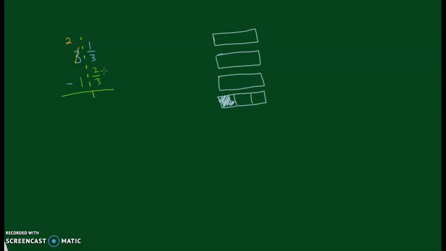So looking at the fraction part, right now I can't take away 2/3. So I'm going to have to trade, or I'm going to have to break apart this whole rectangle into 3/3. So if I look at this, how many thirds do I have total?